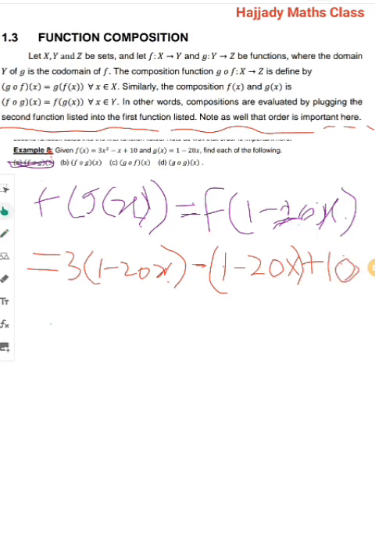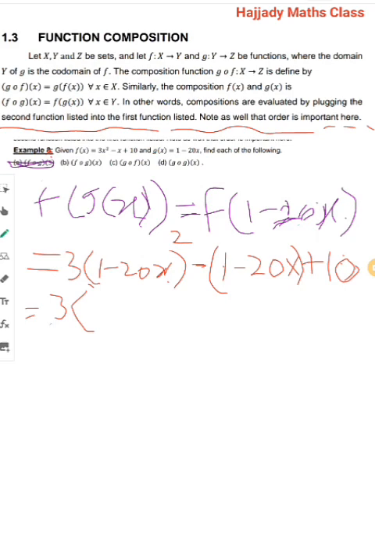So that means we are expanding this. Sorry, this is squared. So we have it to be squared. Now we have 3 into bracket.